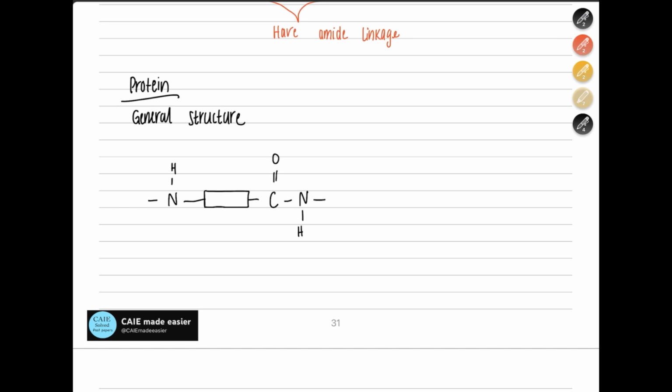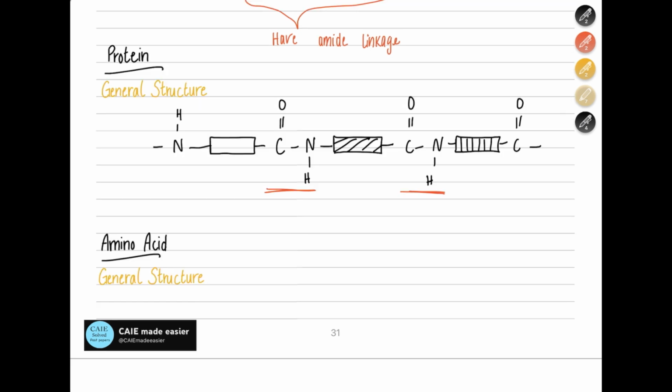Depending on the type of protein, we may have another, could be the same, could be a different type, and then it goes again. It could be repeated, or we can even have another type of carbon set, and then this goes on and on. These are your amide linkages. So that was the general structure of a protein.